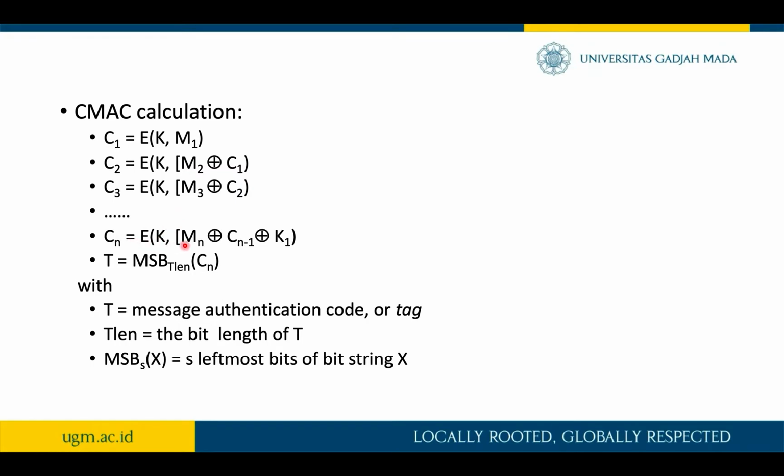And at the final block, Mn, we need to XOR it with Cn minus 1, the message authentication obtained from the previous block, and XOR it with K1.